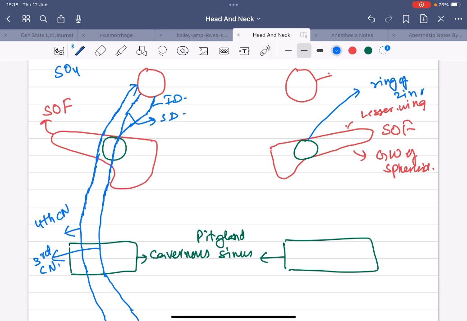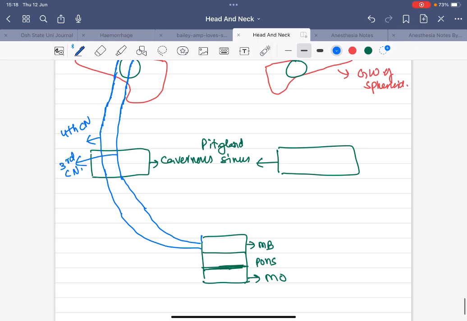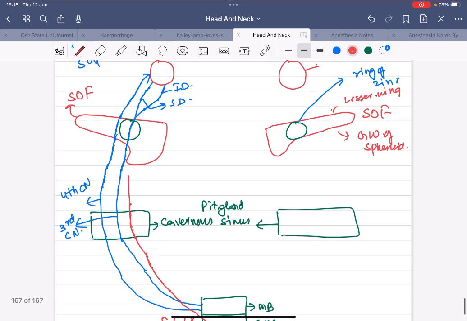Now your sixth cranial nerve is coming out from here. See, 3 and 4 from the midbrain, then 5, 6, 7, 8. So this is your sixth cranial nerve, passing through the cavernous sinus, the superior orbital fissure, and also the ring of Zinn, then innervating the eyeball muscles.